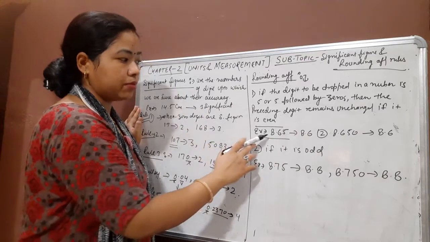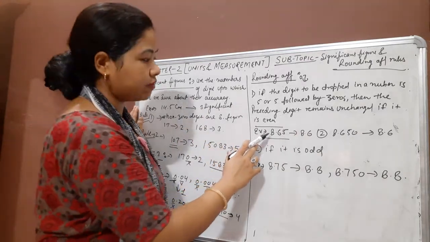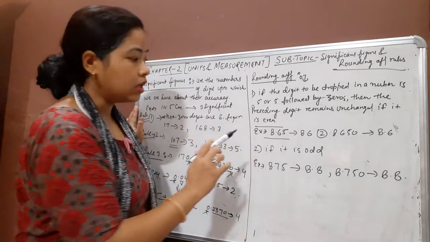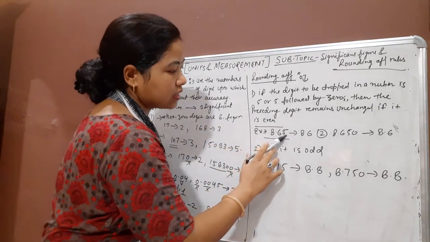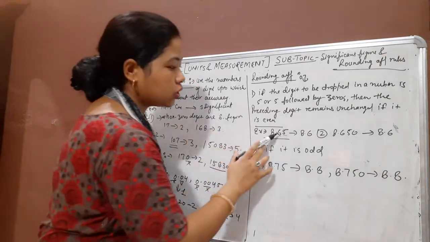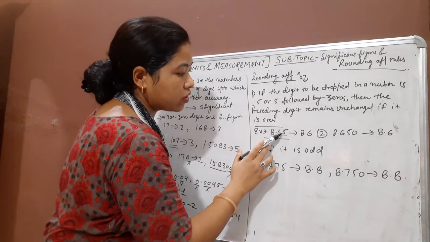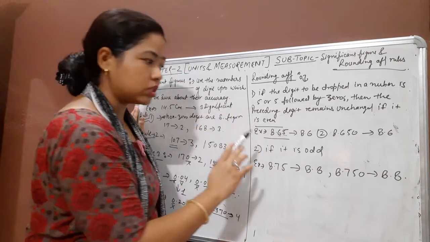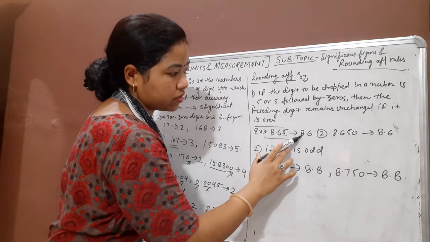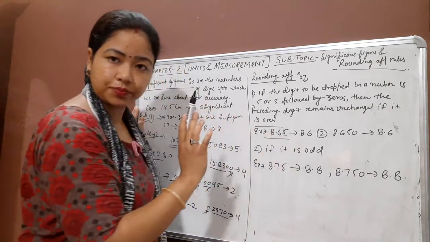You may understand more clearly by example. If the given number is 8.65, right? In this 8.65, the last digit is 5 and the preceding digit is 6, an even number, so we will not raise this 6 by 1. If we round off this number, it will remain unchanged, that is 8.6 only.